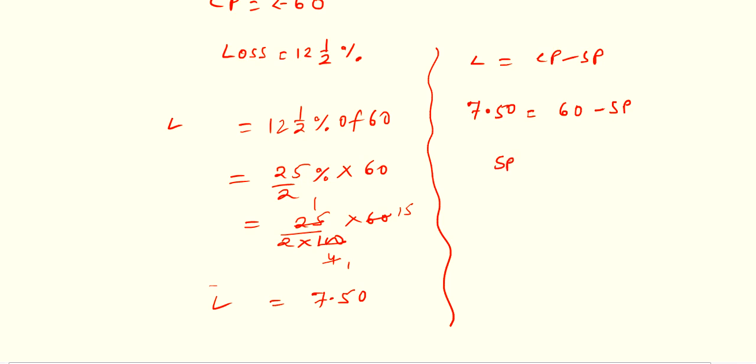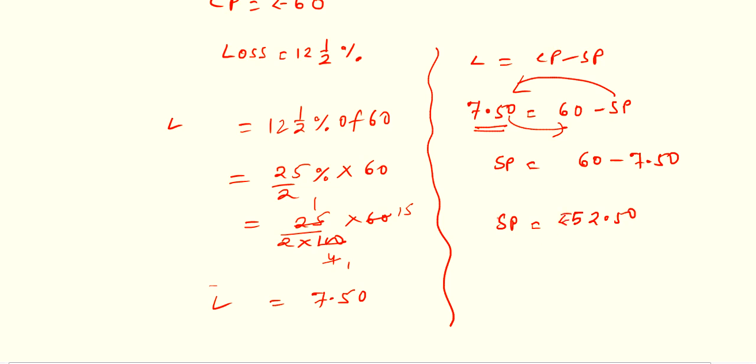Transpose this value. So SP equals 60 minus 7.50. SP went to the left hand side and this 7.50 to the right hand side. So SP equals what? Subtract this: 52.50. So rupees 52.50 is the selling price. Okay, so you can solve question number 2 first.